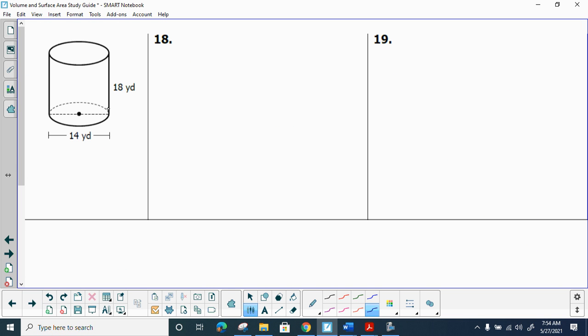Now we have a cylinder, like a bottle of hand sanitizer or a can of soda, right? And so volume for our cylinder is again the area of its base times the cylinder's height. Well, the base here is a circle.